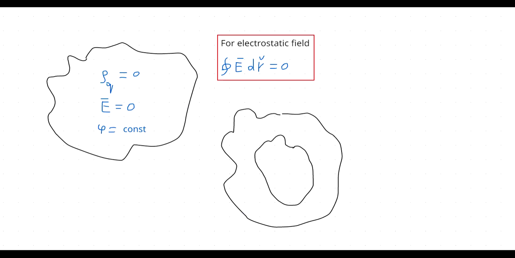After making the empty place, the electrostatic field in the empty place inside the conductor is equal to 0, and the electrostatic field inside the conductor is still equal to 0.